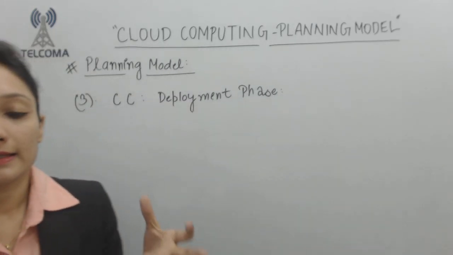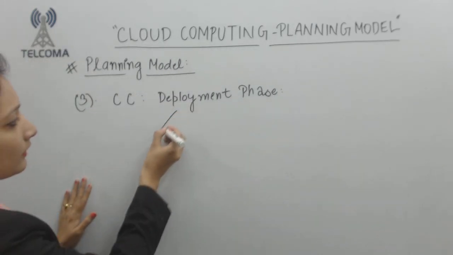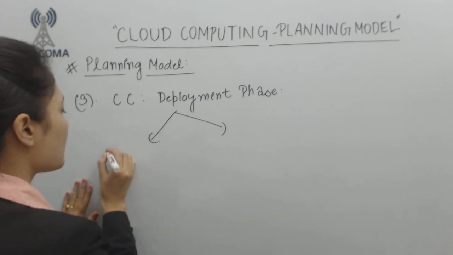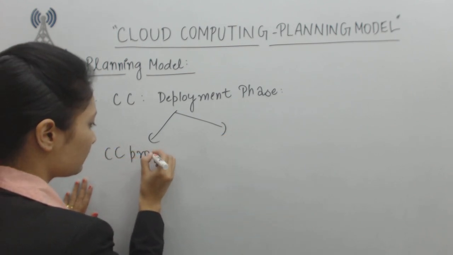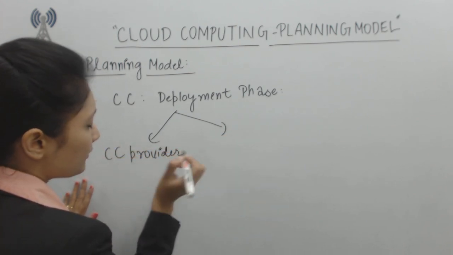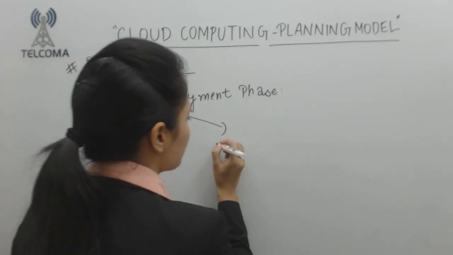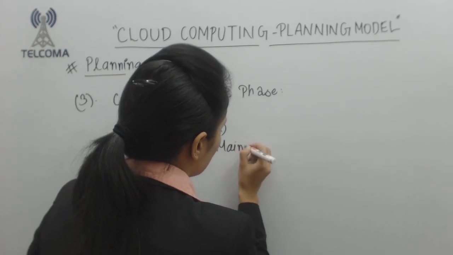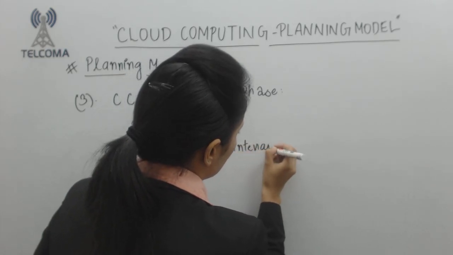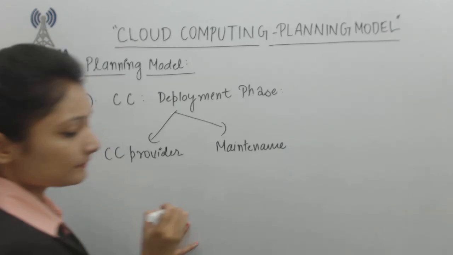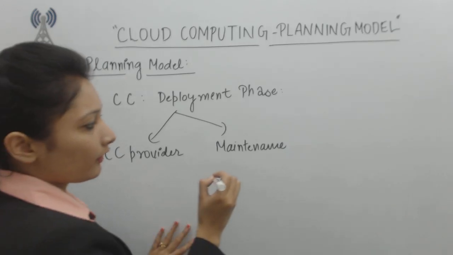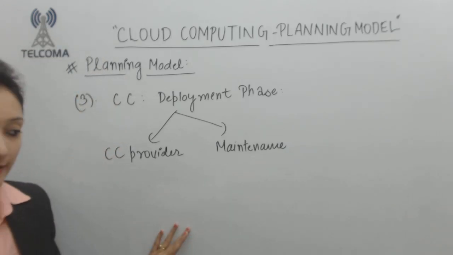It basically includes two parts. First one is your cloud computing provider, and second is your MA, which is basically your maintenance and technical assistance, or maintenance and technical services.